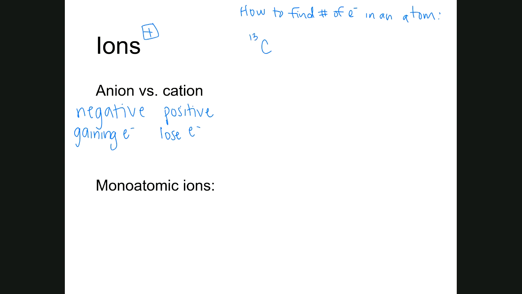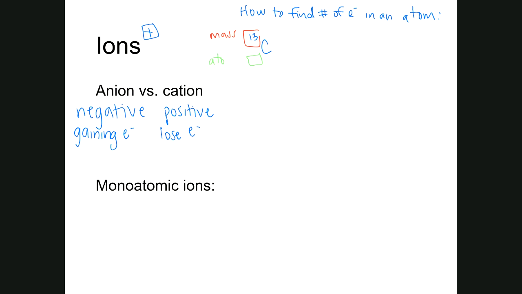And it just looks like this. Well, remember that the upper right, sorry, that's the left. The upper left is our mass. And the masses are protons plus our neutrons. In the lower left, which will sometimes be written, but most of the time will not be, this is our atomic number.